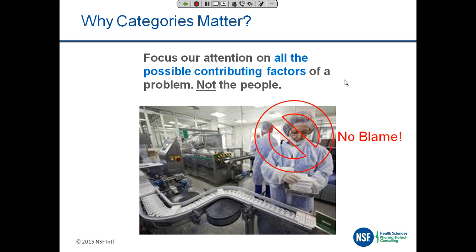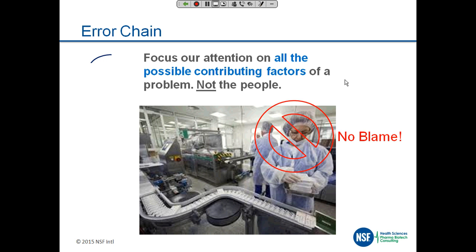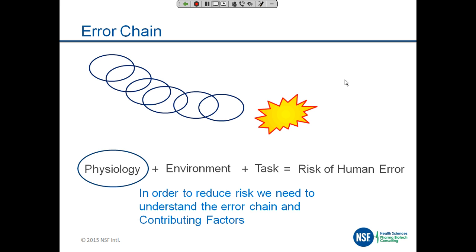It gives us a much more scientific and methodical way of dealing with an issue and not going straight towards the operator. A key principle in this topic is that it's typically a complicated situation. When a deviation occurs, it's complicated. There's an error chain. It's not that there's one root cause.